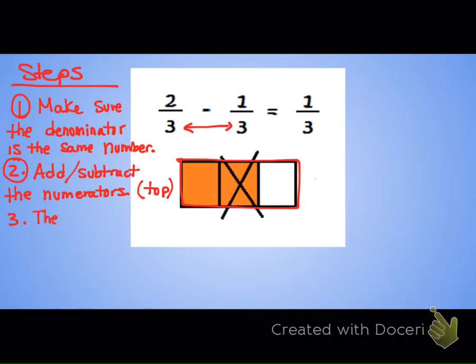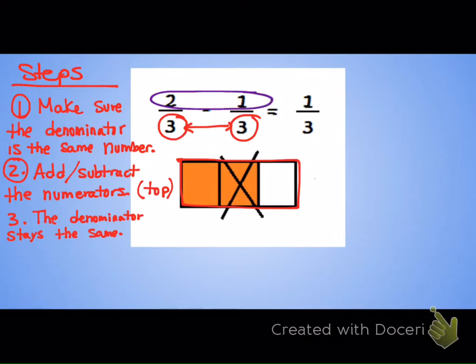So let's write that down. The denominator stays the same. And what do I mean by that? So if we look at our sample here, notice we have a 3 here and we have a 3 here. That is a like fraction. We go ahead and subtract the like fraction.